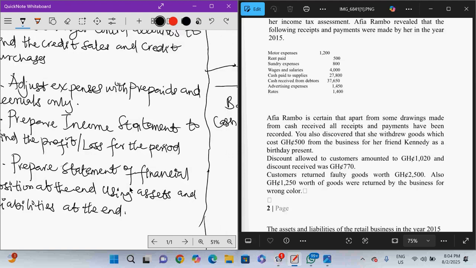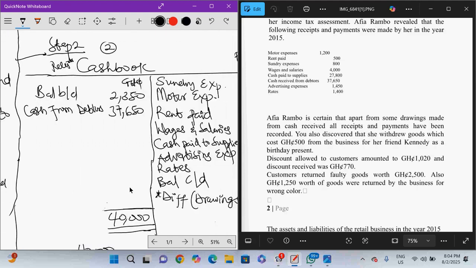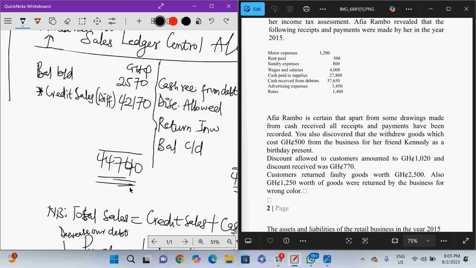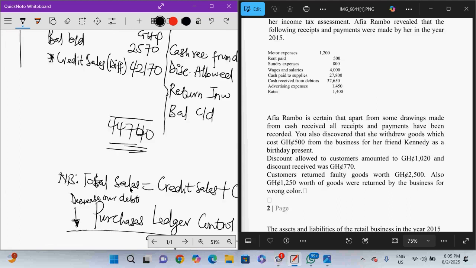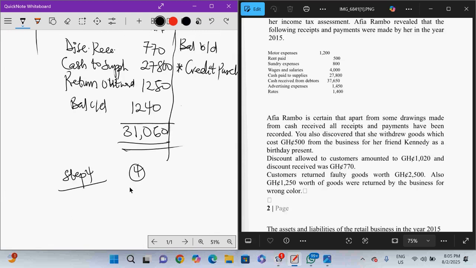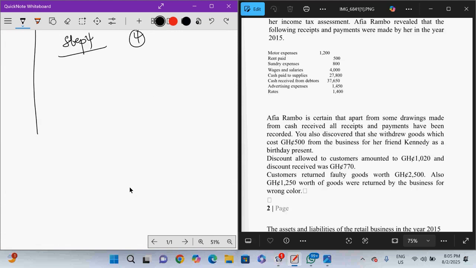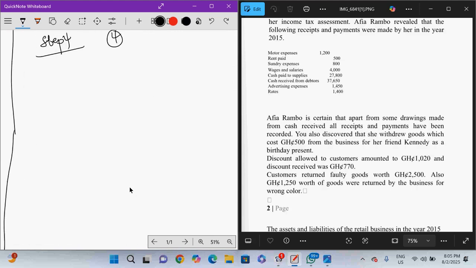Adjust expenses with prepays and accruals. So what are the expenses with prepays and accruals?